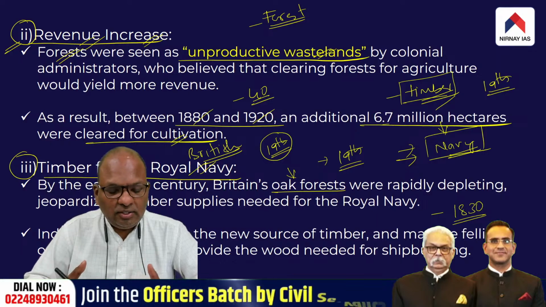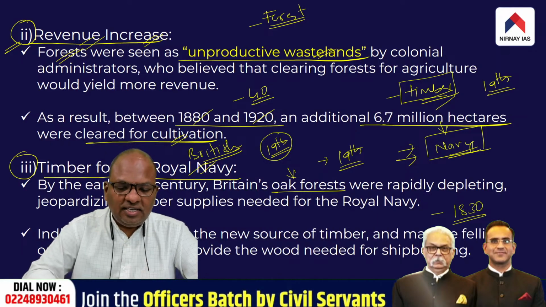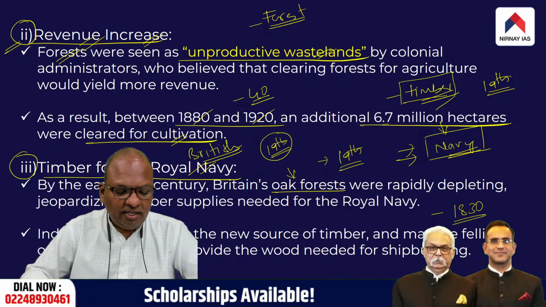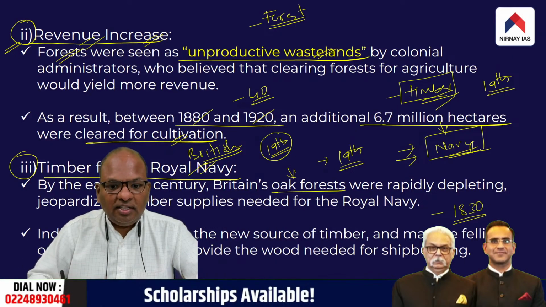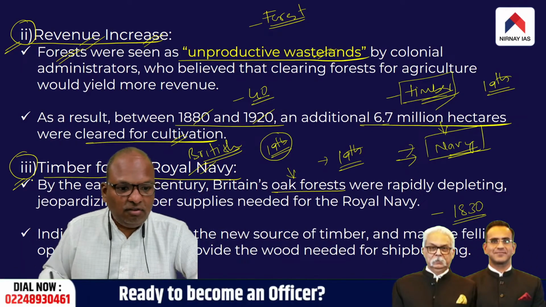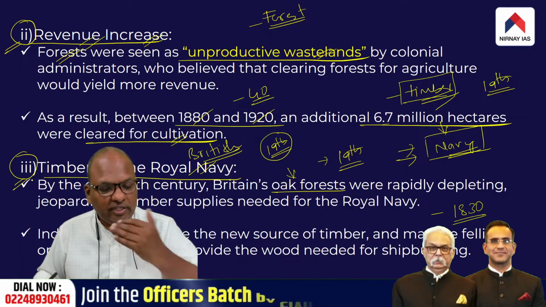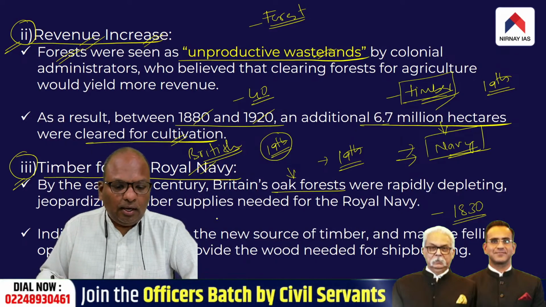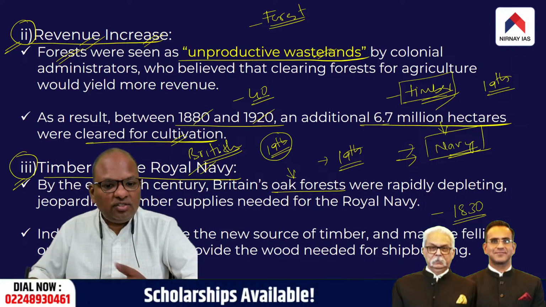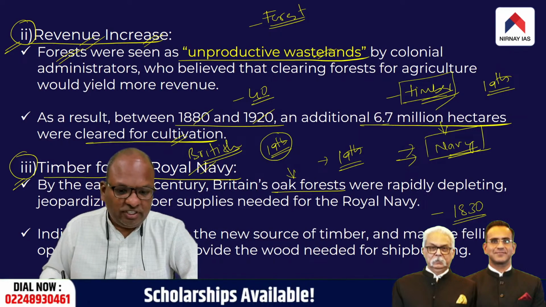And large scale deforestation began to be carried out, and these trees were cut to meet the needs of the Royal British Navy. So the third reason for the deforestation in India during the colonial times is the Royal British Navy.